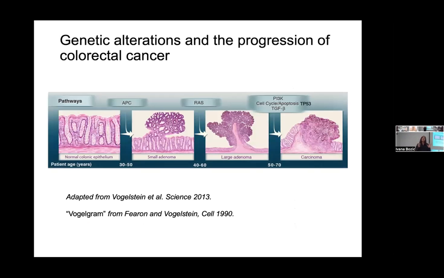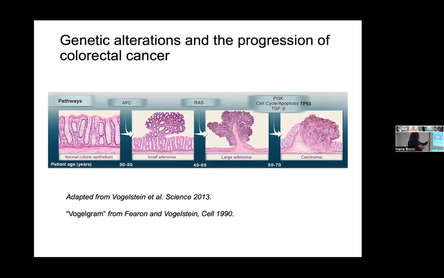But this idea of 3 driver genes for colorectal cancer also agrees pretty well with the famous Vogelgram, which talks about the stages of development from healthy colonic tissue to colorectal malignancy as the cells are gaining more and more driver mutations.